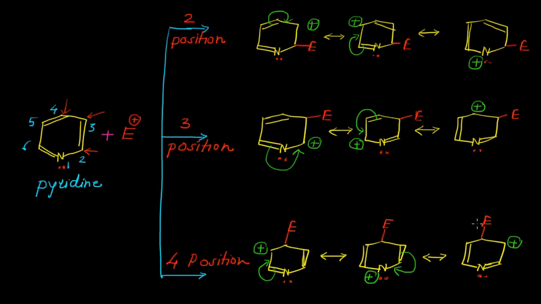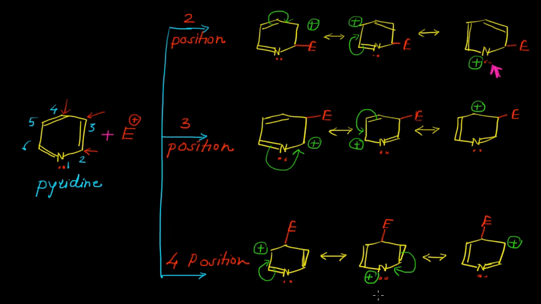If you see these three positions and the resonating structures corresponding to them, we'll find one important thing: in this resonating structure, when we do the electrophilic substitution at position 2, we have a positive charge on this nitrogen. You can see carefully. But in all three of these resonating structures we don't have any positive charge on this nitrogen.